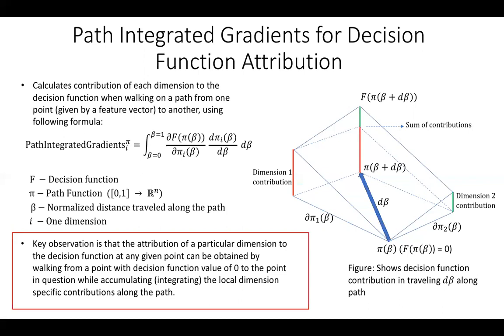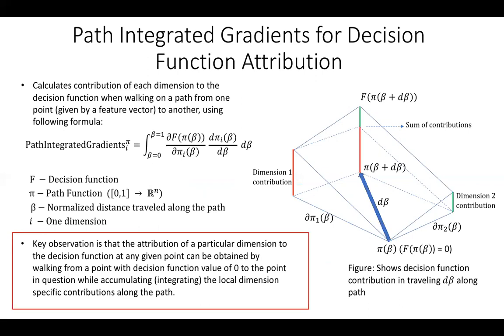The integrated gradients algorithm does just that, and is represented by this integral here. Here, path integrated gradients for path pi and dimension i is the contribution of dimension i. F is the decision function that is being attributed. Pi mathematically represents the path traveled between the points, and beta is the normalized distance traveled on the path.